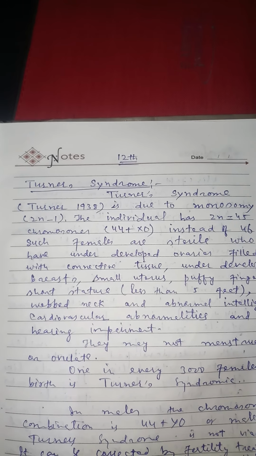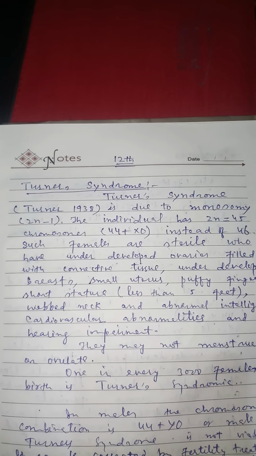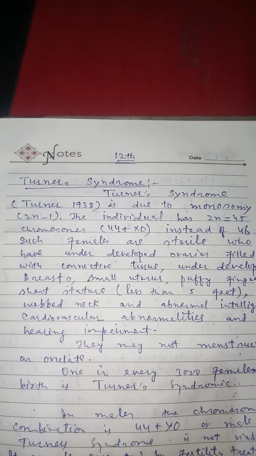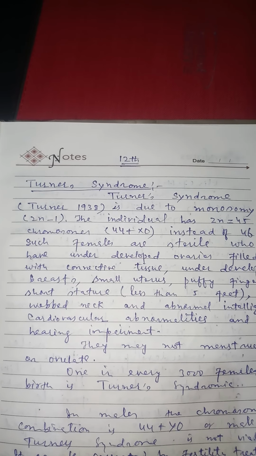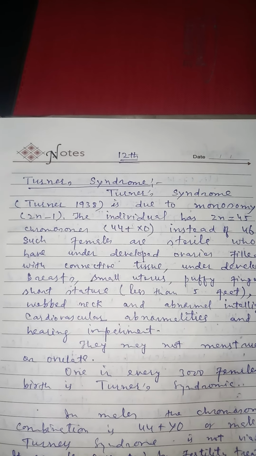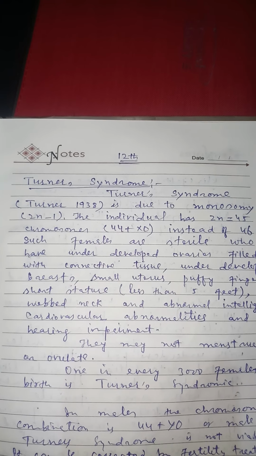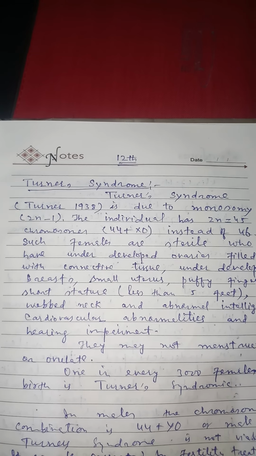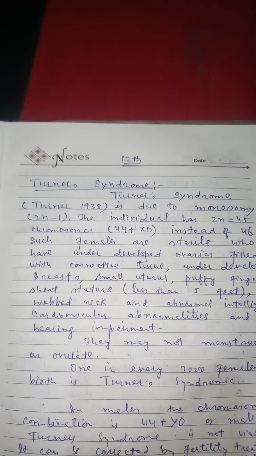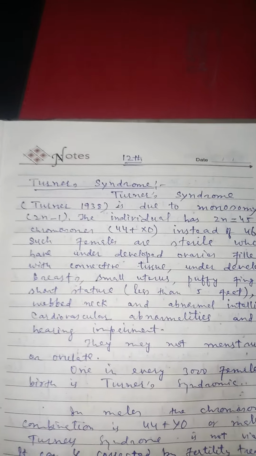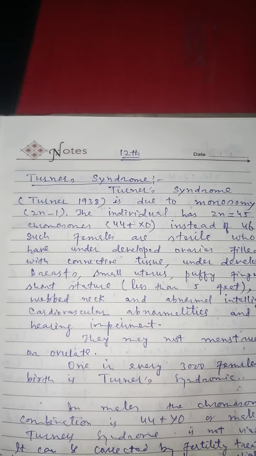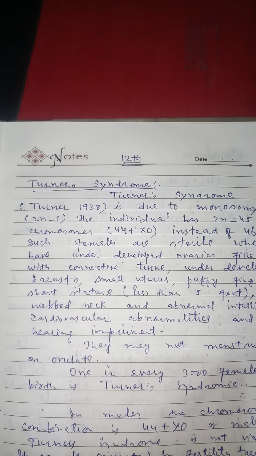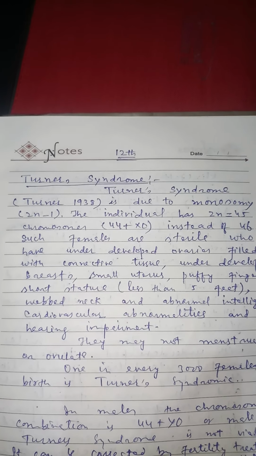So the females with Turner syndrome are sterile. That means they are not able to give birth to their young ones, and they have underdeveloped ovaries. Ovaries are the female gonads which produce eggs, but when they are sterile, they have underdeveloped ovaries.